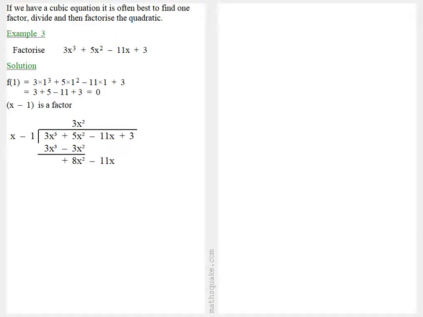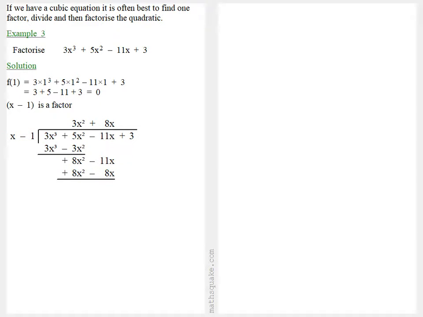And we divide again, x into 8x squared. Well, that's 8x. We write that on the top in the x column. We now multiply 8x times x minus 1. That gives us 8x squared minus 8x, which we subtract.